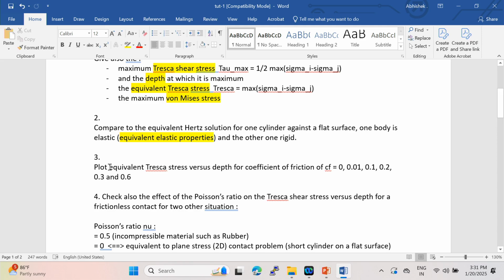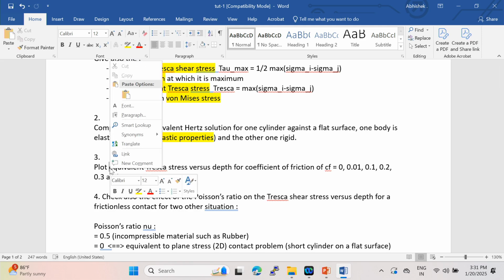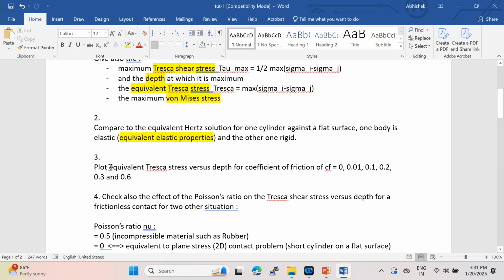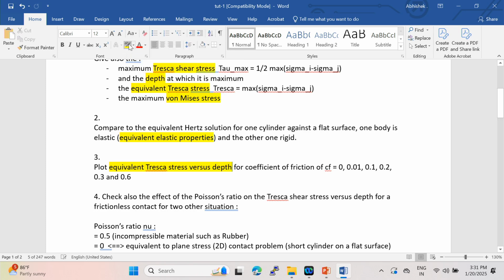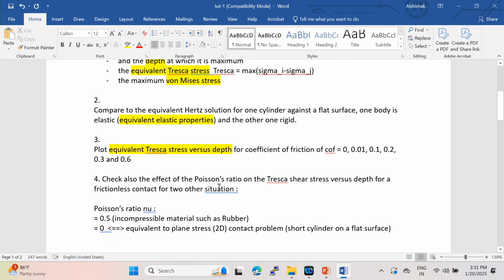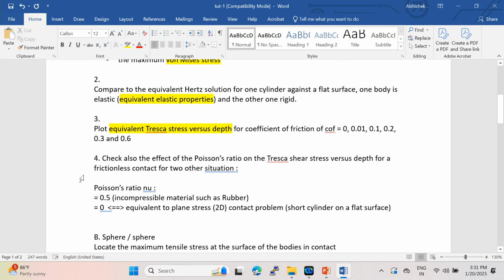And then the idea is to compare the effect of different friction coefficients. I will do the same as you. And the last point for that will be to investigate the effect of the Poisson ratio.